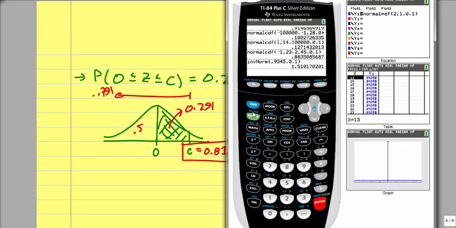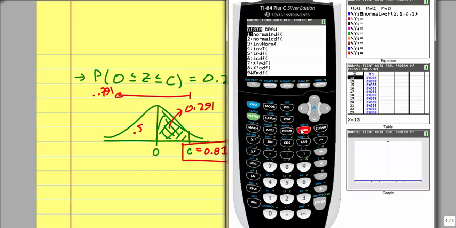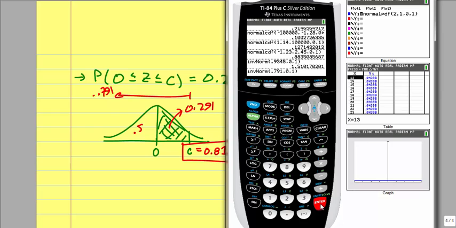Now in your calculator, we'd have to go second, DISTR. I go down to inverse normal, inverse because I'm looking up the opposite. And I can't look up 0.291, I have to look up 0.791. And of course I have that mean and that standard deviation of 0 and 1.